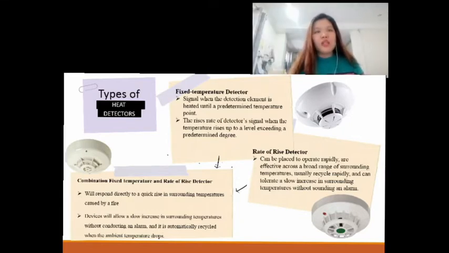The combination of fixed temperature and rate of rise detector will respond directly to a quick rise in surrounding temperatures caused by a fire. The device will allow a slow increase in surrounding temperatures without sounding an alarm, and it is automatically recycled when the ambient temperature drops.